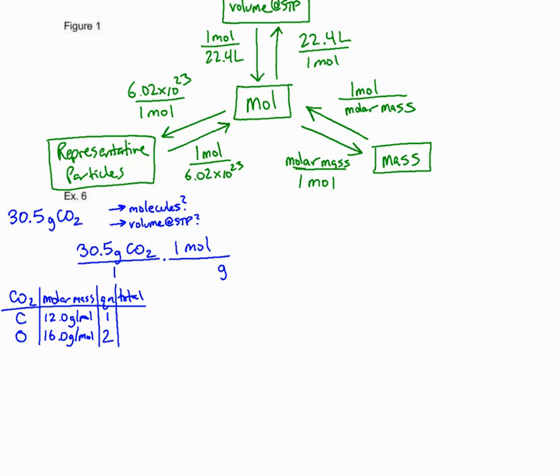We are essentially multiplying these 2 numbers to get a total, and these 2 numbers to get a total. After that, we will add the entire column together to find the mass of the compound. So 12.0 times 1, that's 12.0. 16.0 times 2, 32.0.